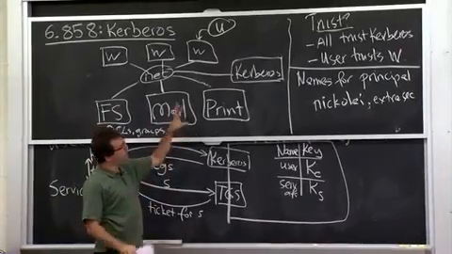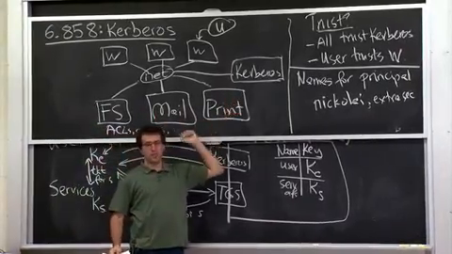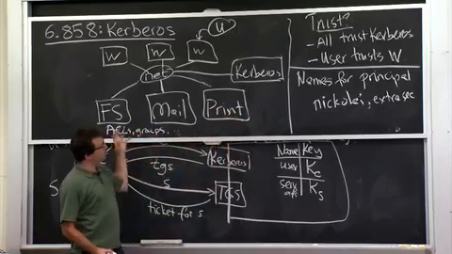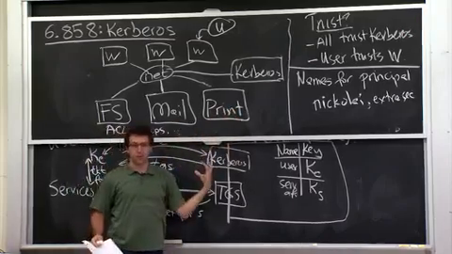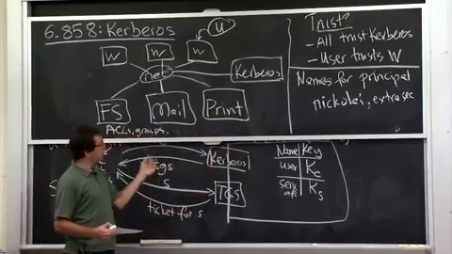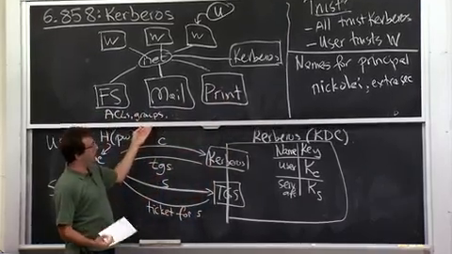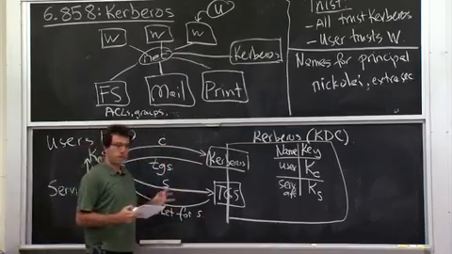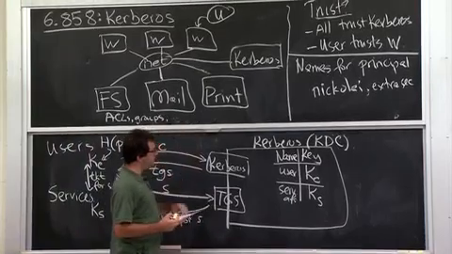Kerberos provides authentication, which tells you who this person is that I'm talking to. And the service itself is responsible for implementing the authorization part, where it decides what access you should have based on your username. Make sense? All right, so that's where the usernames appear.